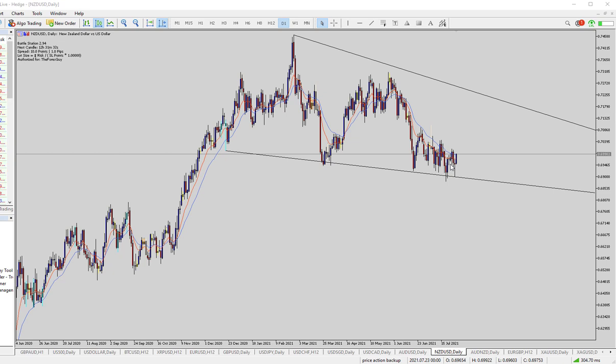The New Zealand dollar here looks a little left out. There's not much volatility going on. Any trades here are probably going to be really tough. It's going to be hard to pick out the winning trade here if there is a move. So I think it's not really the market to be focusing on.